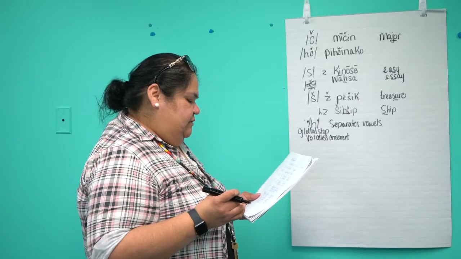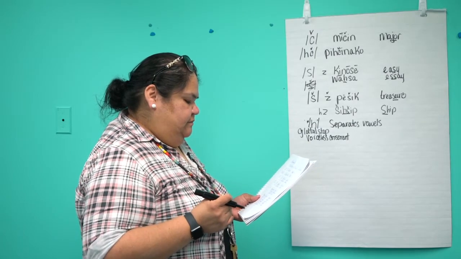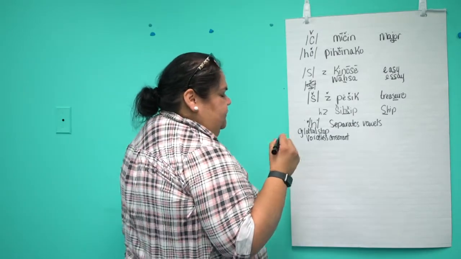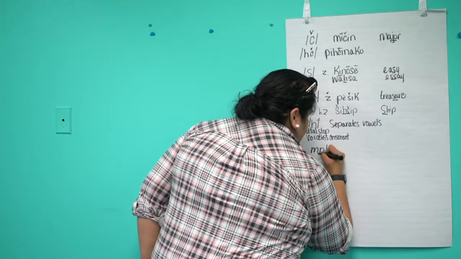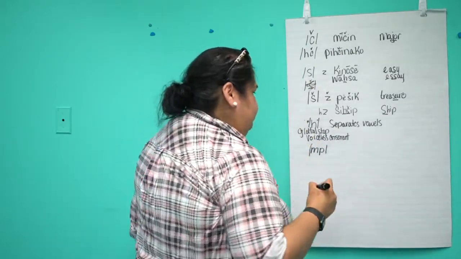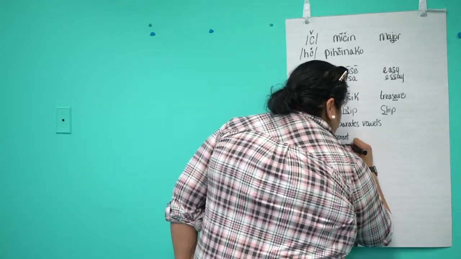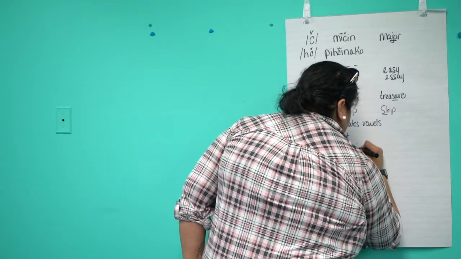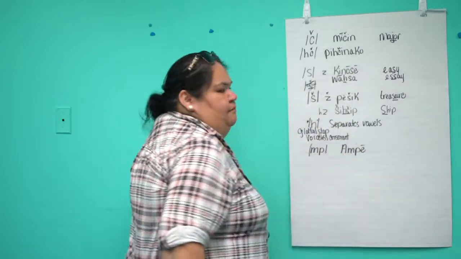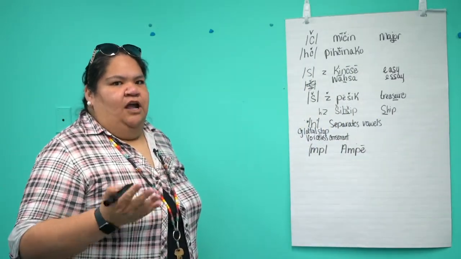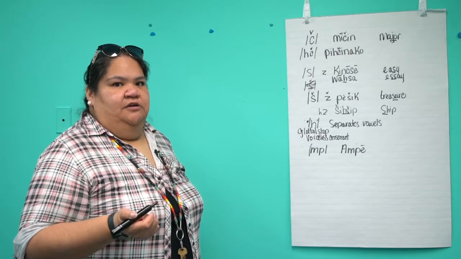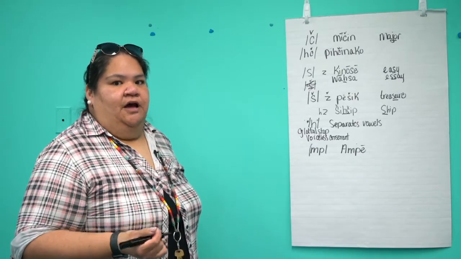Some examples, this is just a couple examples. MP together. Ambe. So people often ask me, why are you using a P when it sounds like B?